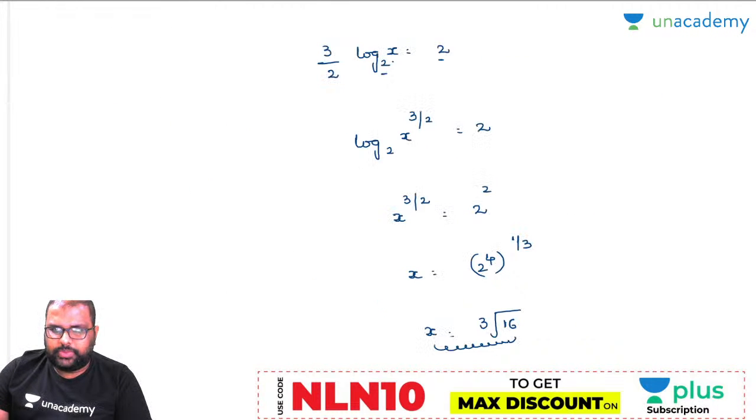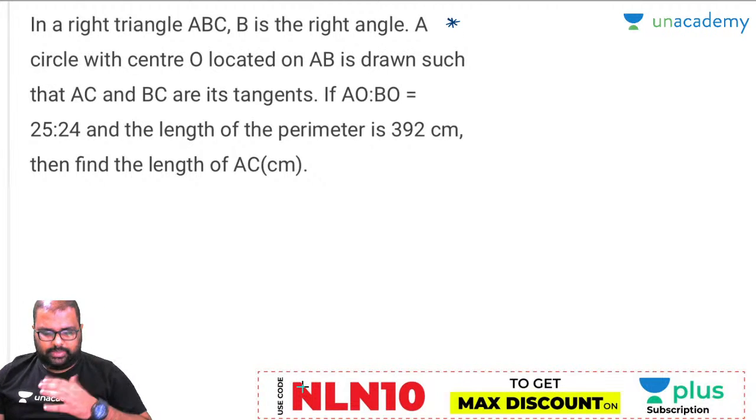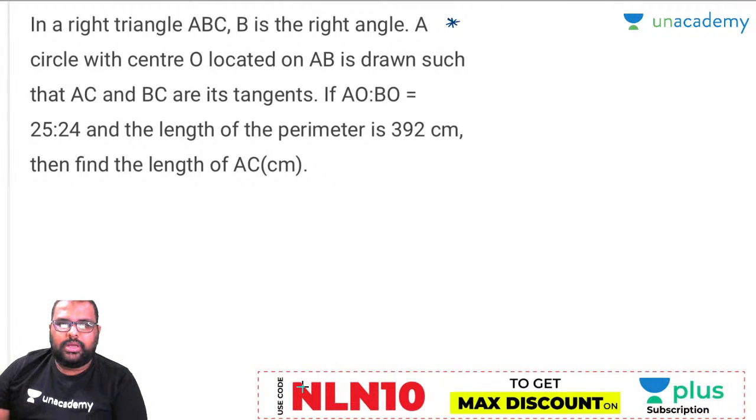Let's go on to the next one. So this question I have done many times. I don't know how many of you remember this. It is geometry based, so I'm moving down to one question. In a right triangle ABC, B is the right angle.